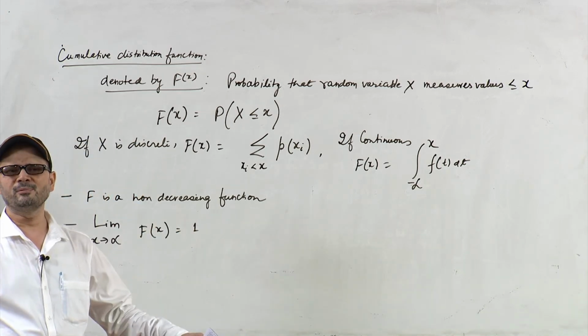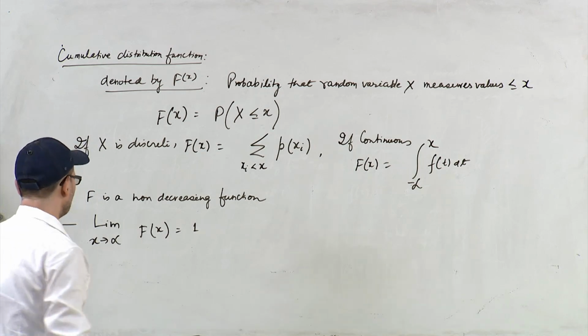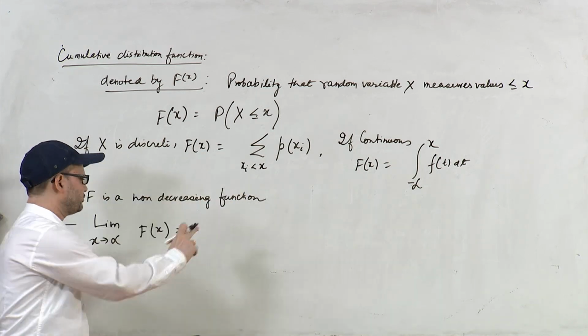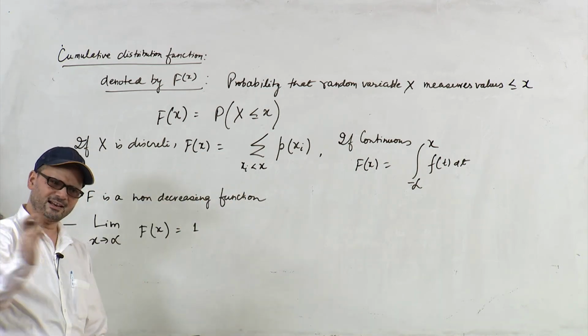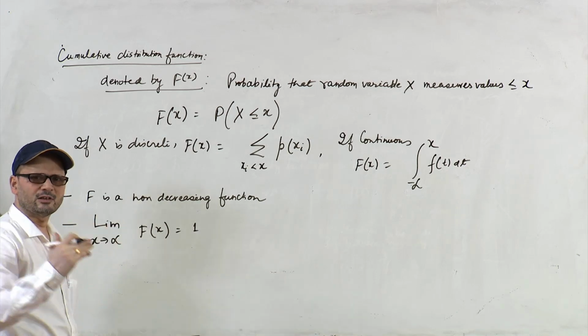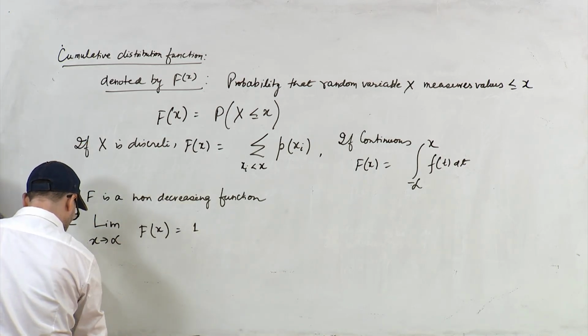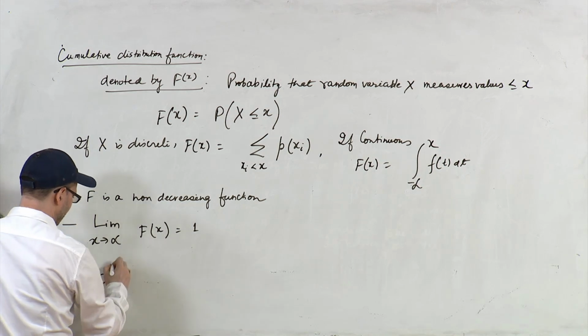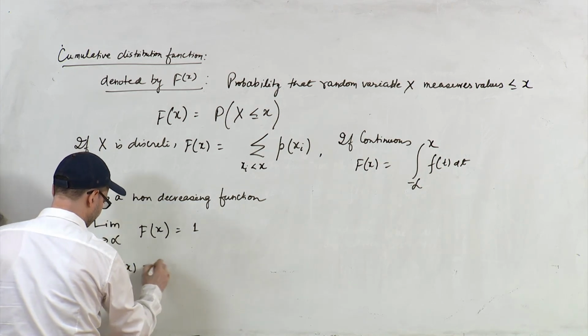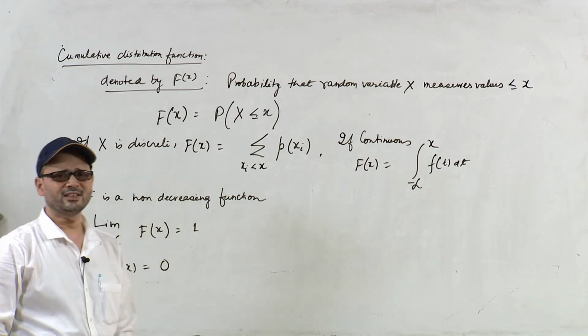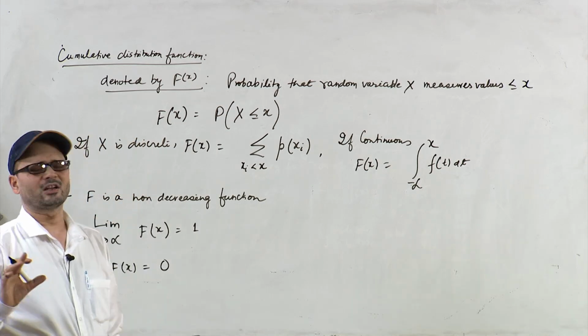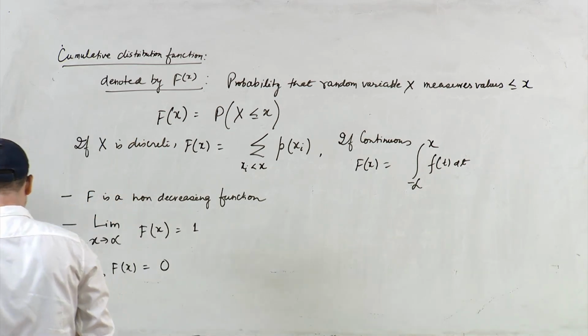So, its value will be 1. But if we take the extreme left value, then it will be 0. Similarly, limit x tending to minus infinity F(x) will be 0. So, these are the traits of the cumulative distribution function.